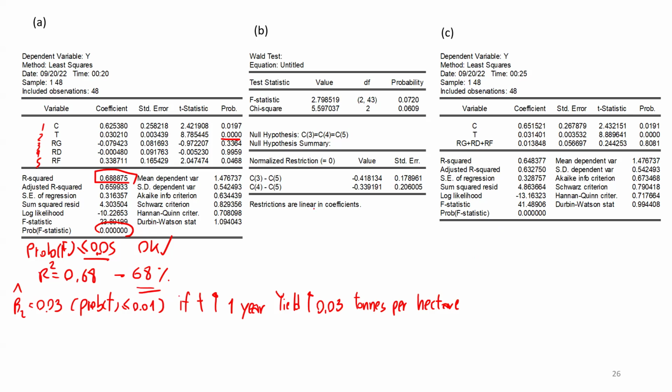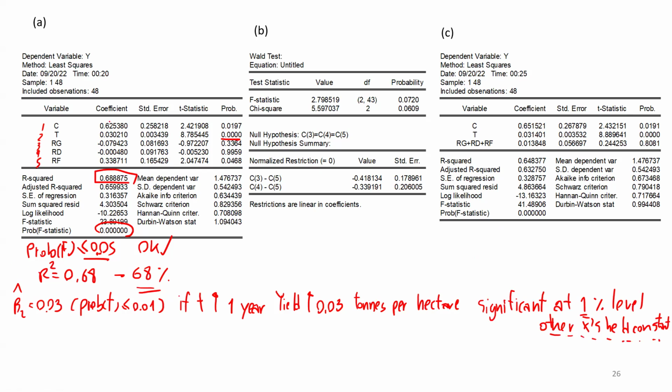Okay, and if you would like to get the full mark, you have to say that it is significant at 1% level, other X all constant. Yes, all constant. If you write in full, of course, I will give you a point.